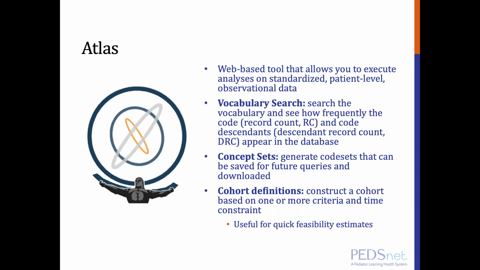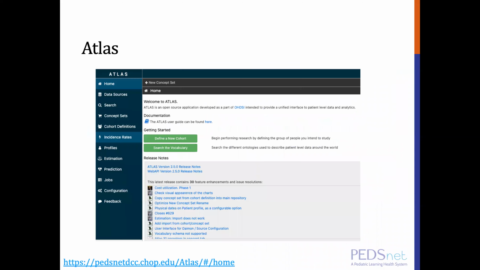And this could be useful as a way outside of R or SQL to do quick feasibility estimates. You could say, I want patients in this time frame, age, who have pediatric pneumonia diagnoses based on a concept set that you developed using the Atlas tool.